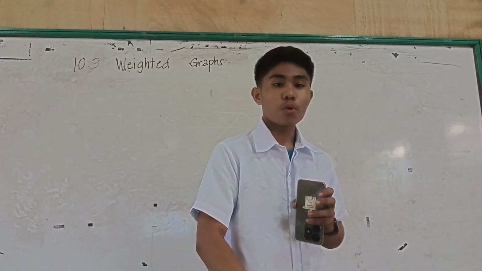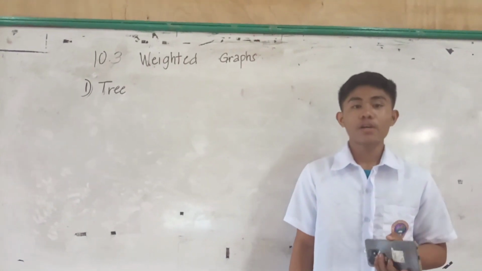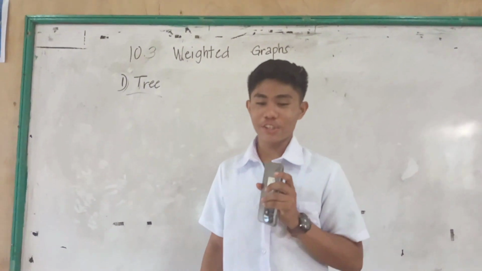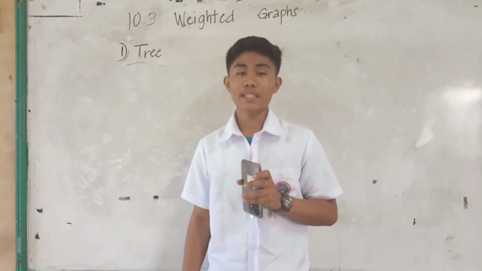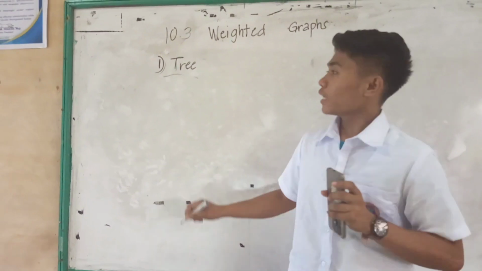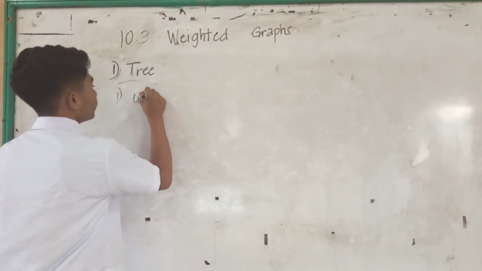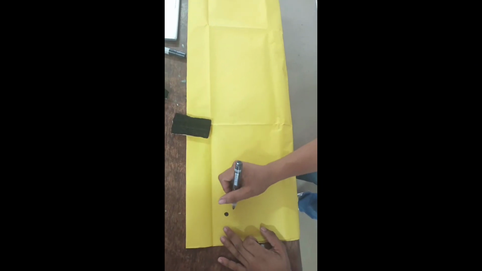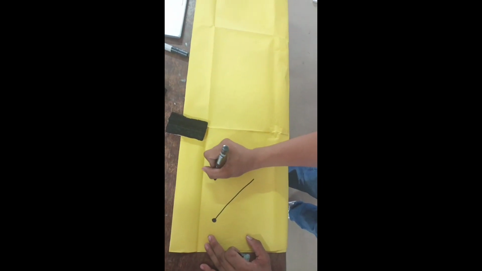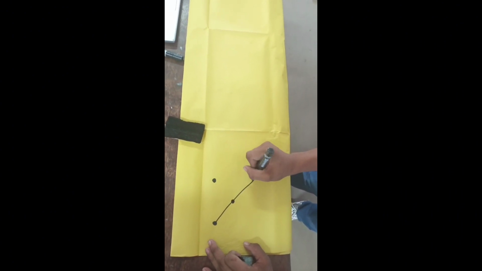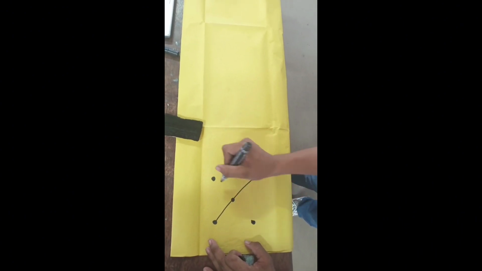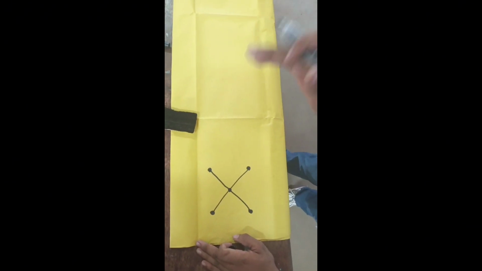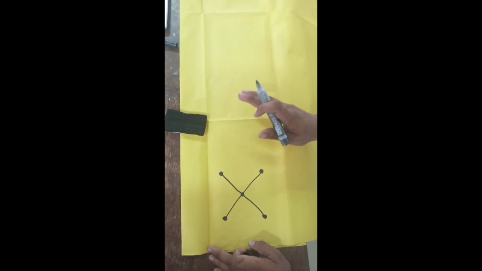First, let us discuss what a tree is. A tree is a mathematical structure that is a special kind of graph which has the following properties. First, let's have an example of a tree. From the properties, a tree is undirected and connected.